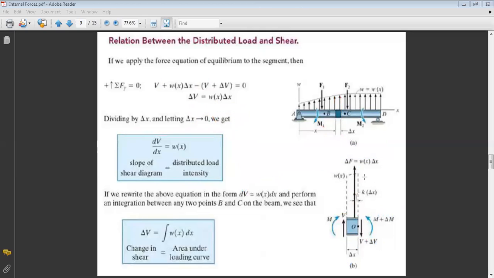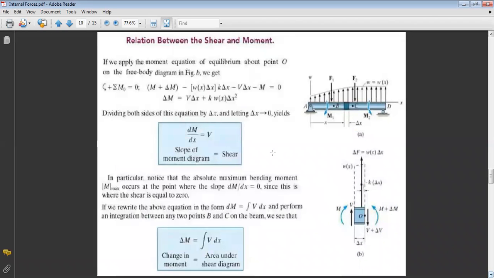Now, the second step, we will continue to find relations for internal forces. Now we will deal with moment variation, okay? So if you take the same small element and you want to find how your moment is varying, you should do the sum of moments equal to 0.